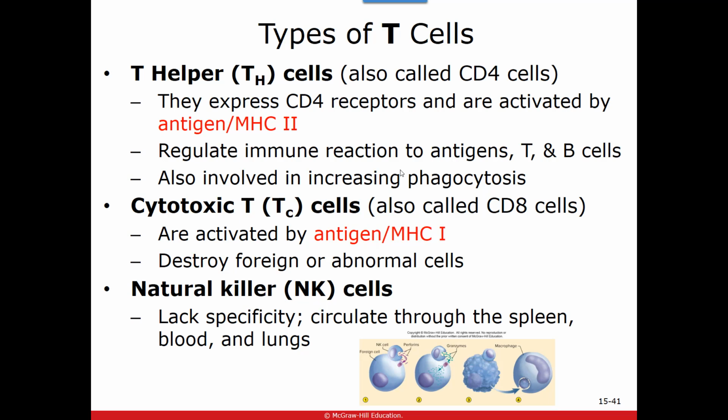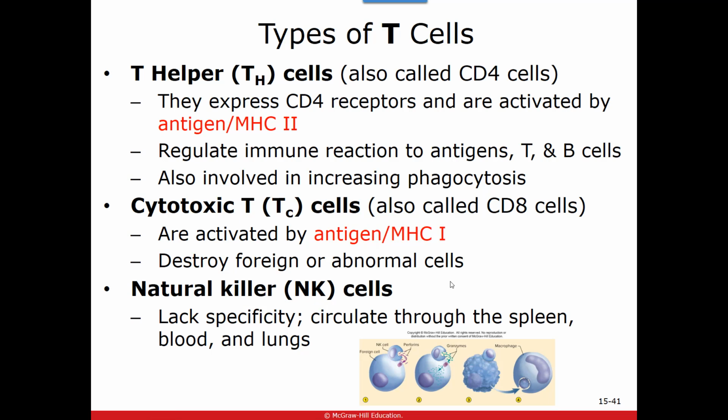But T helper cells also kind of keep some of your cytotoxic cells in check. Cytotoxic cells and even some of our natural killer cells down here, they're really good at what they do. They like to kill, sometimes too well, that sometimes they start to kill normal body cells. So T helper cells can kind of keep them in check a little bit. Now your cytotoxic cells, they're activated by the MHC1 antigen.